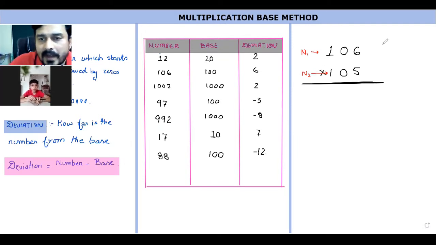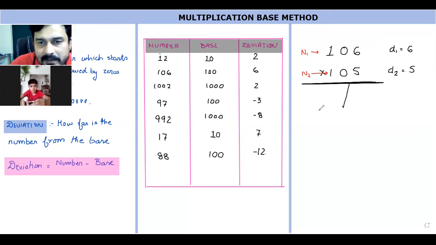The numbers are 106 and 105. What is the deviation of the first number? The base is 100, so the deviation is 6. And the deviation of the second number is 5. I have named them D1 and D2.